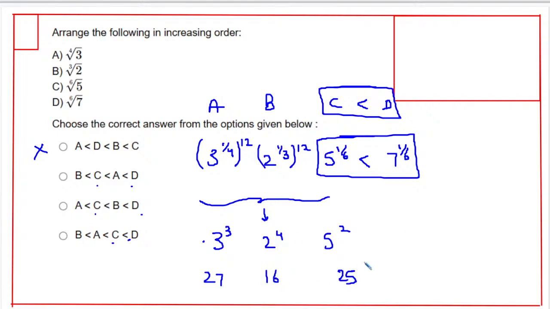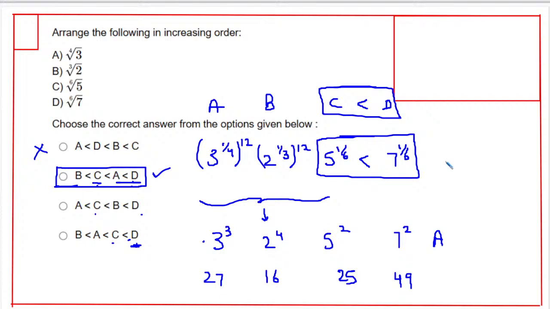So A is greater than C. And what about D in that case? D would be 7 squared, 49. I should have done it earlier. So D is the greatest. Then we have A, then C, and then B. So the second option is correct.